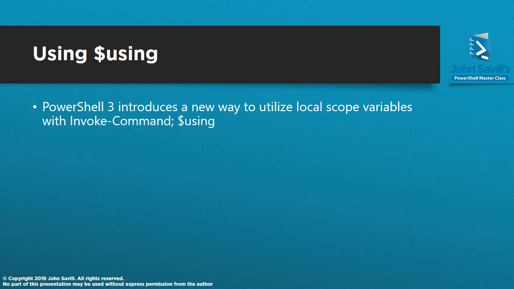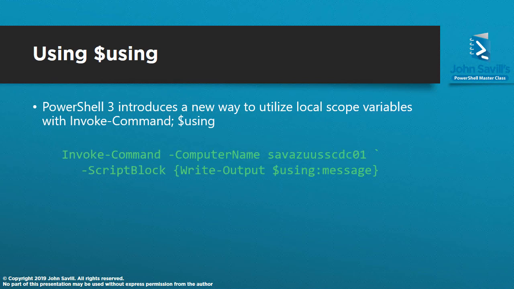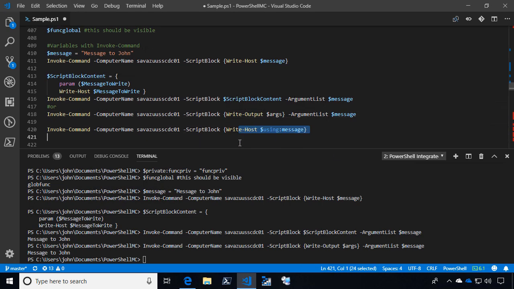So PowerShell 3 introduced this, and obviously all of us are on at least PowerShell 3. Hopefully we're on 5 or ideally 6, because we're diving into PowerShell Core. And with this, I can just say $using: and then the variable that's defined at my local machine. So in this command here, I'm running pretty much exactly the same as the first line that failed, but I'm adding in $using.